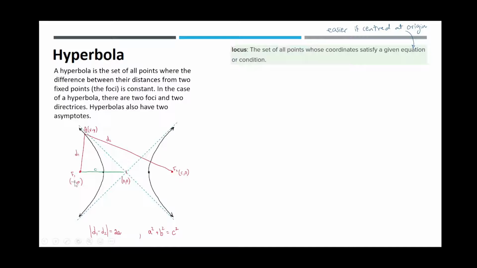This focal point would be negative c, 0, and this one will be positive c, 0. And then a random point on the hyperbola, it doesn't matter whether it's on this curve or on that curve, we'll just call it x, y. And then we're looking for the difference between the distances to be always constantly 2a. And again, it doesn't matter if it's d1 minus d2 or vice versa, as long as it's a positive value.